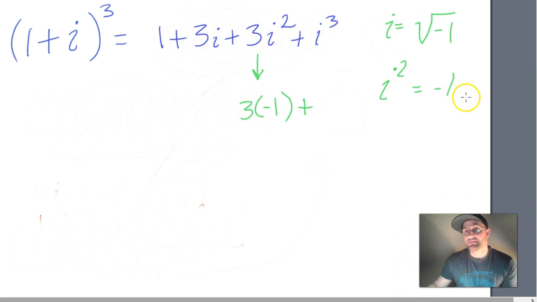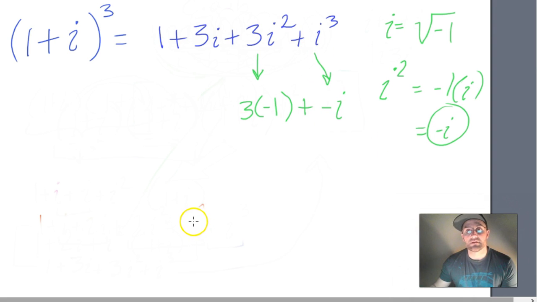If I squared takes us to negative 1, another I is going to be negative 1 times I, which is going to be negative I. Okay, keep up with me here. If I squared is negative 1, and we multiply that by another I, 1 being the multiplicative identity, it will equal negative I. So this can be rewritten as negative I.